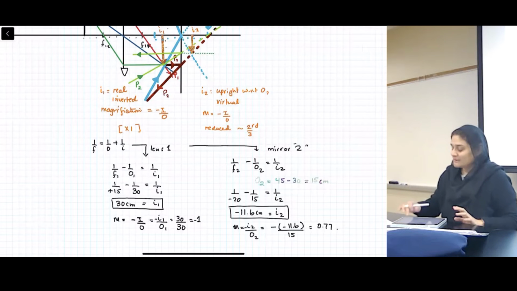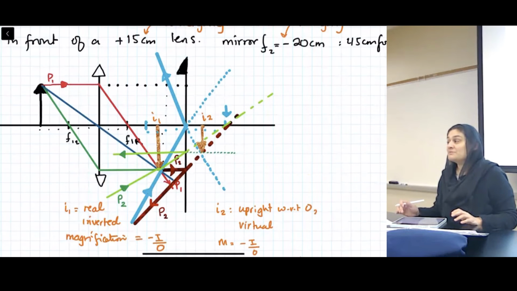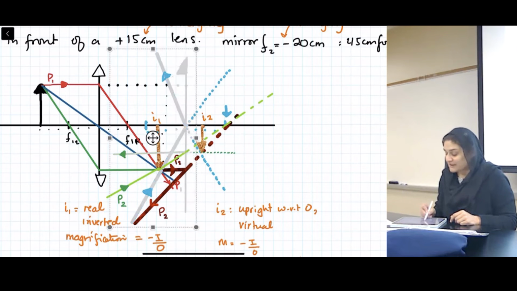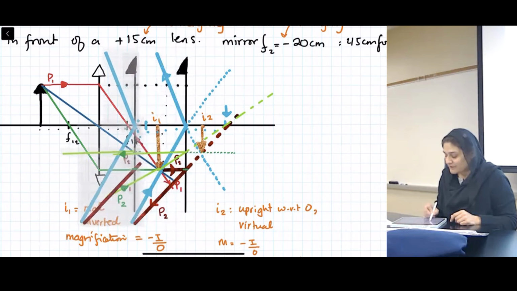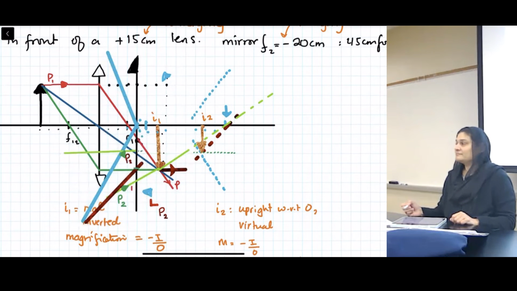Okay, now can I show you another trick? So maybe the question might ask you that the second part, whatever that may be, lens or mirror, is actually not 45 centimeters, but rather, I don't know, here.